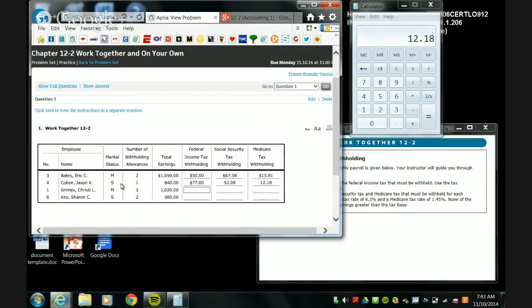Okay, Christy's filing as a married person. She's got 3 allowances withheld. So hers is $31. We do her calculation, and we get $63.24. And her Medicare is $14.79.